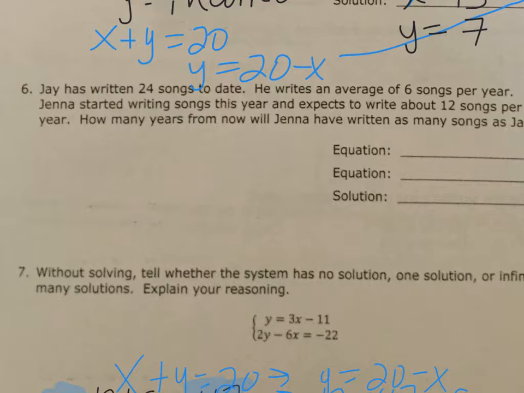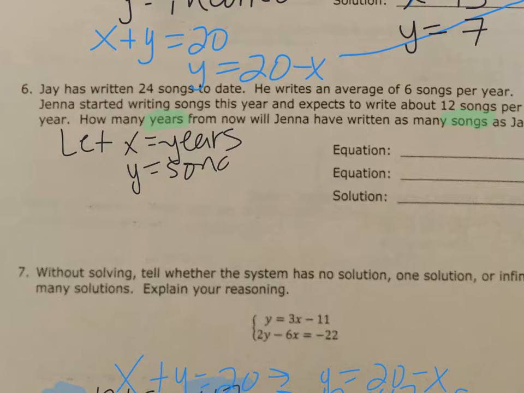So if I look at my question, it tells me my variables are years and songs. So I'm going to say, let x equal years, since that's independent because it's time, and y equals songs. So if I look at what Jay is doing, he already has 24 songs, and now he's writing 6 songs per year.